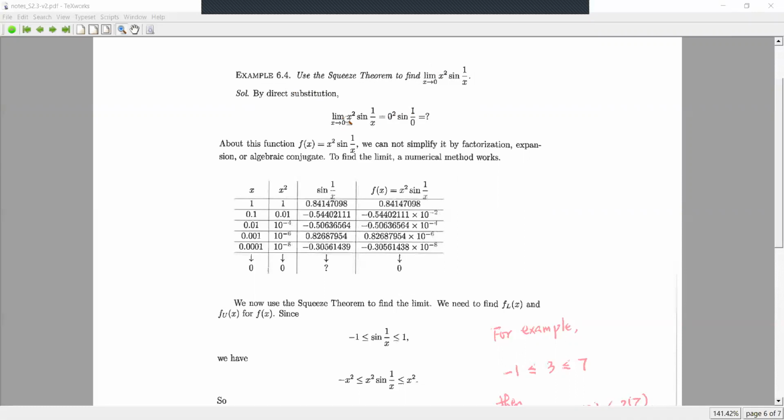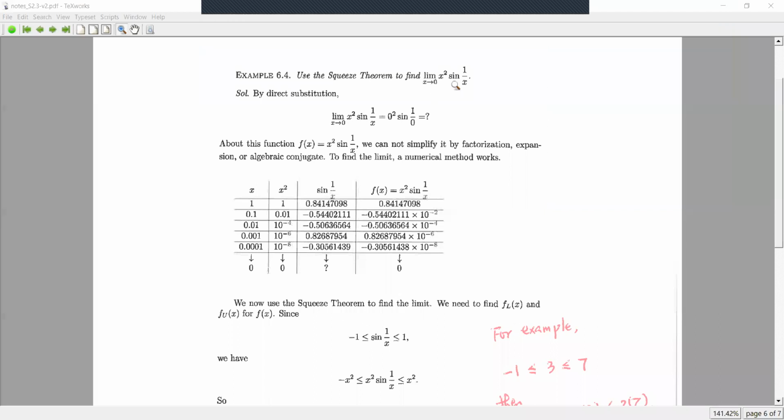So to find this limit, we need to simplify the function. But this function is not in any of the 4 cases that I mentioned above, so we cannot simplify this function. Therefore, direct substitution fails to find this limit.